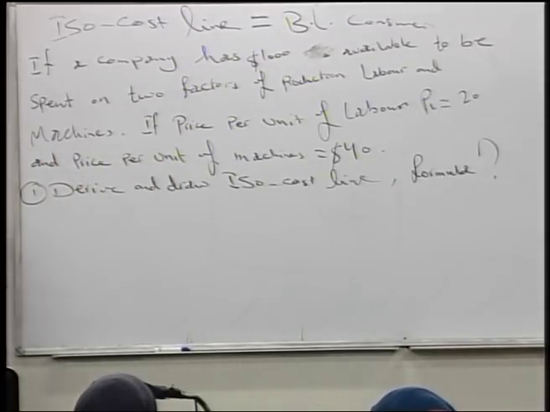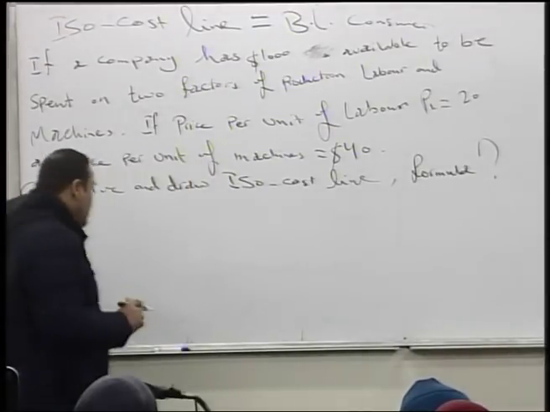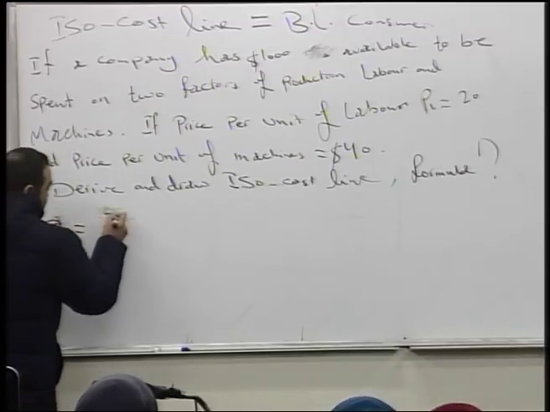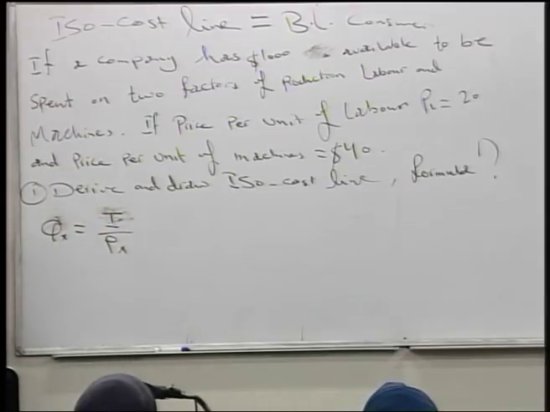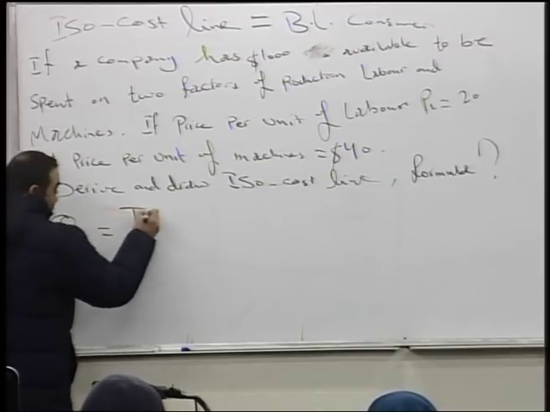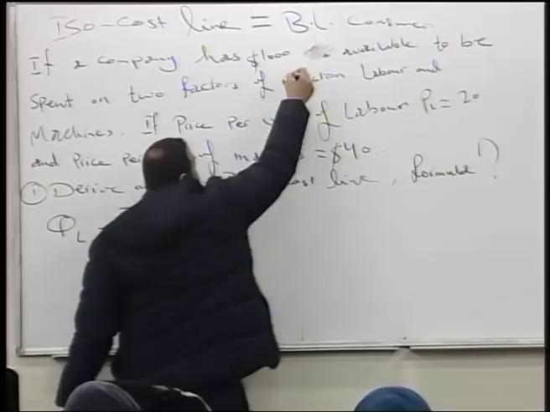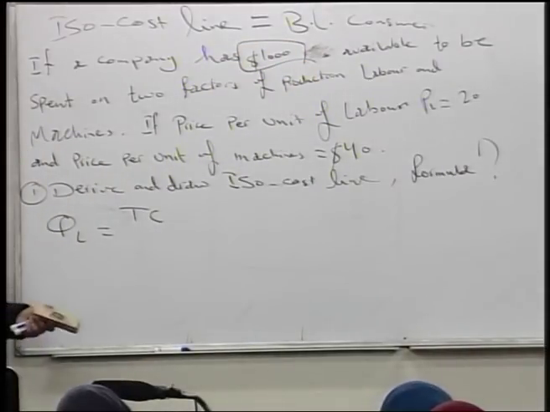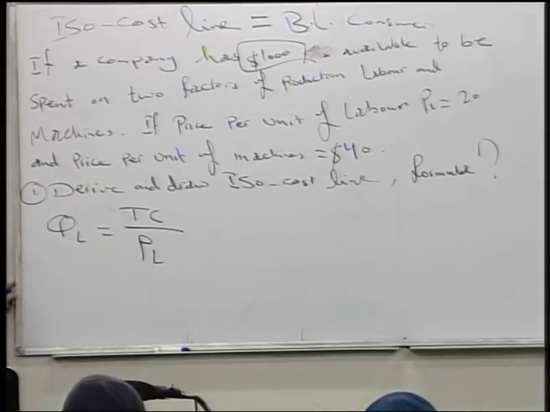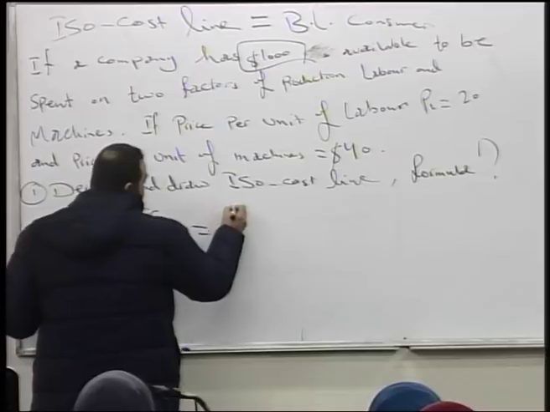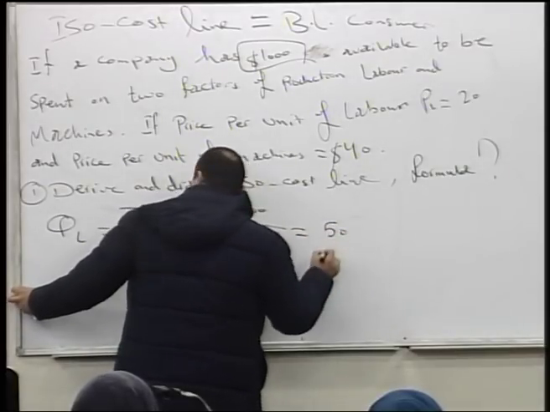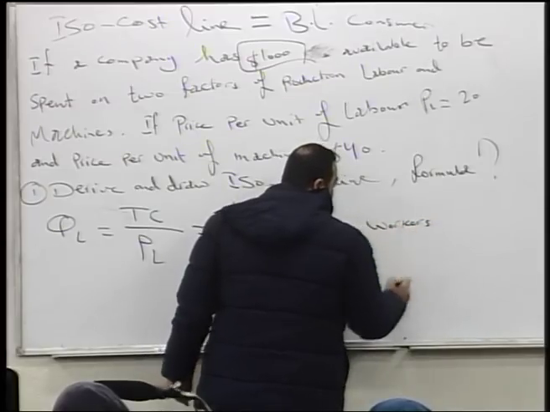To derive the budget line or the ISO cost line, we used to say income over the price of X equals the quantity of X. Here, the quantity of labor equals the total cost, which is $1,000 to be spent to buy labor and machines, over the price of L, which is 20, equals 50 workers and 0 machines.